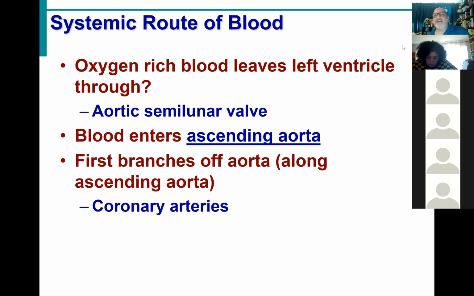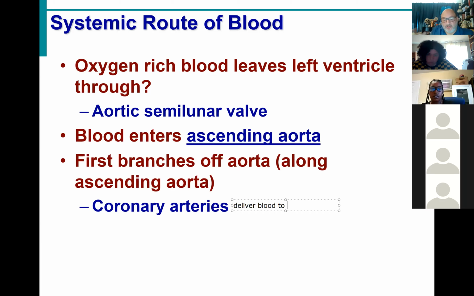And where do they deliver blood to? Yeah, to the heart itself. The walls of the heart, right? In fact, they start what we referred to before as the coronary circulation.